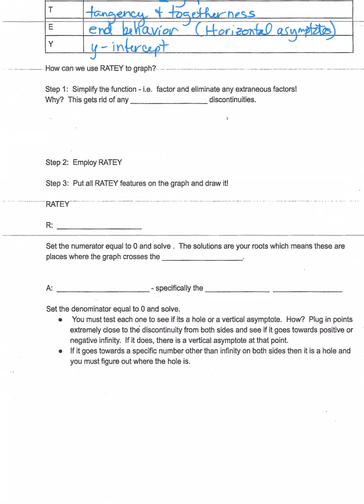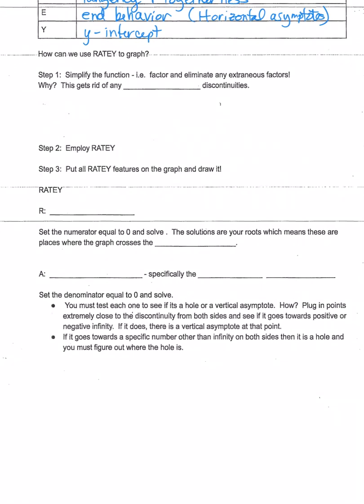All right. So, step 1, simplify the function. What do we mean by simplify the function? We're going to factor everything. If we have a polynomial, we're going to factor the polynomials and get rid of any extraneous factors. Okay? What do extraneous factors mean? Anything that's the same in the top and the bottom, right?